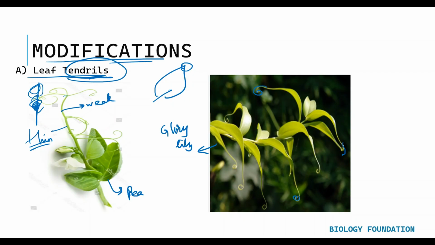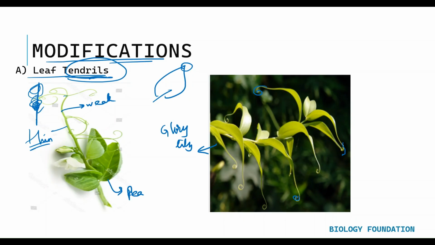Clear? So tendrils can be modifications of either stem or leaf. Okay. In my previous video, I explained about stem tendrils, where stem gets modified into tendrils in some plants. But here we are talking about leaf tendrils where the leaf is getting modified into tendril.